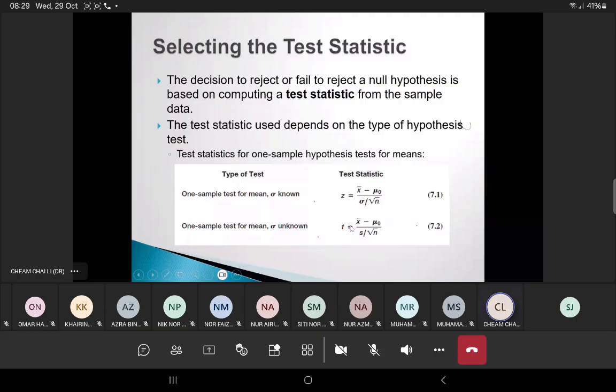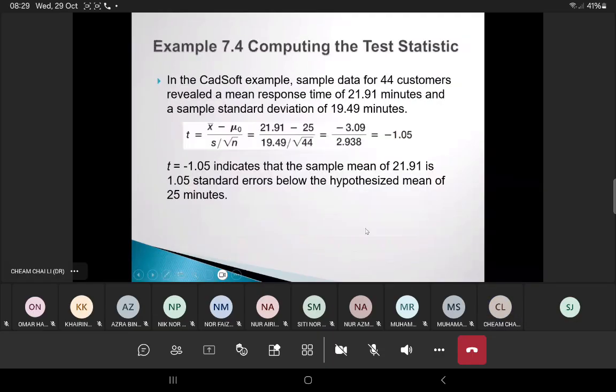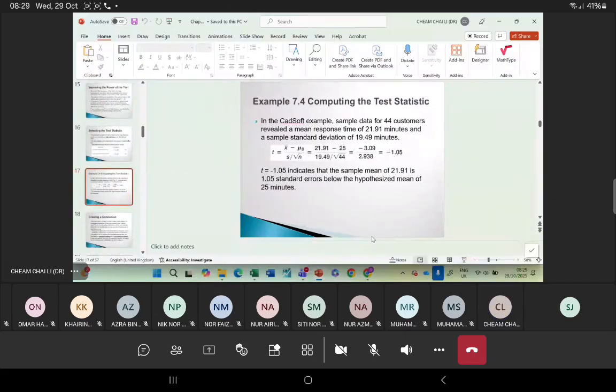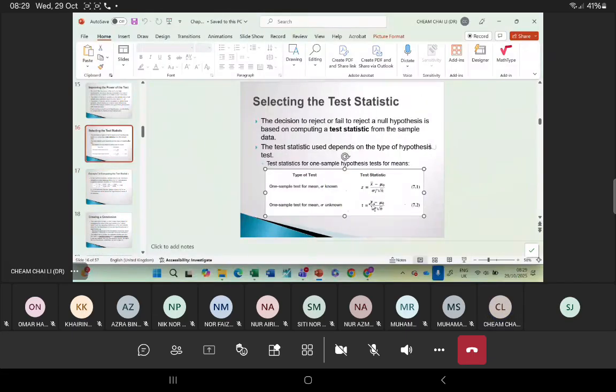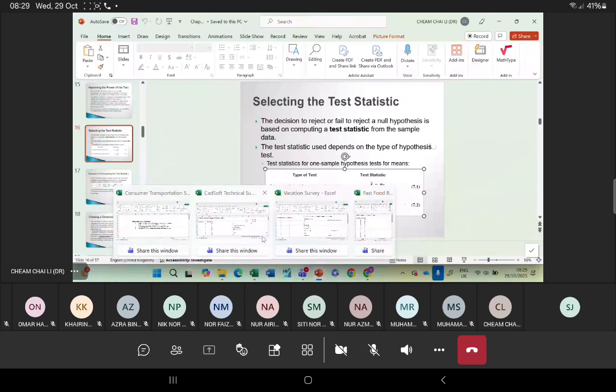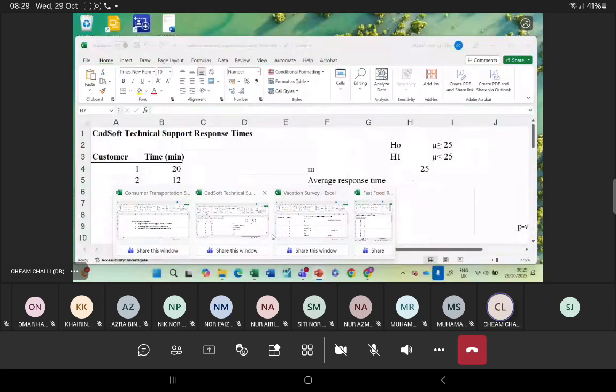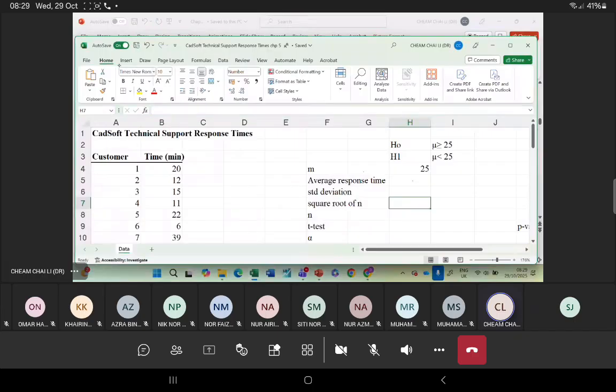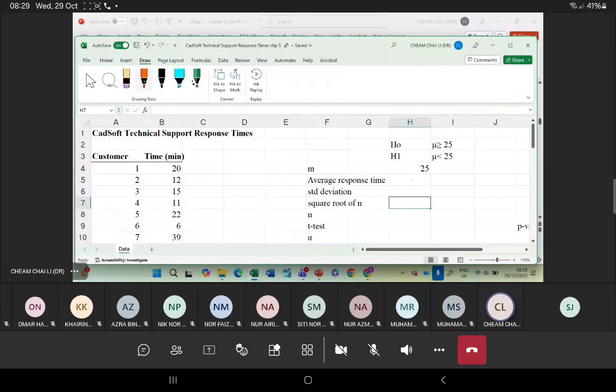So maybe you can write the formula somewhere.